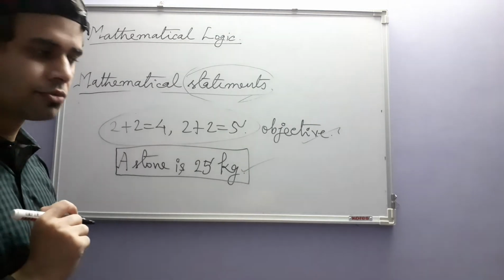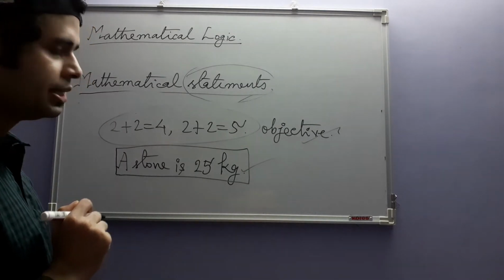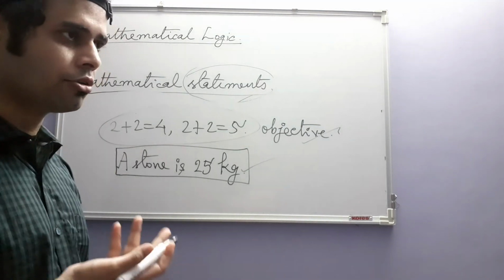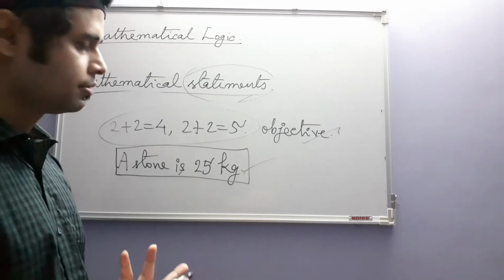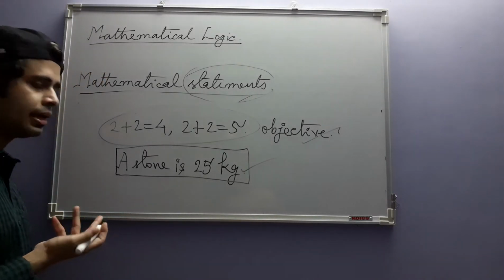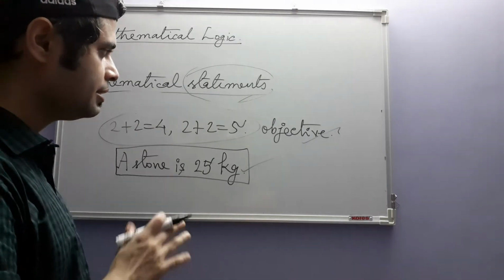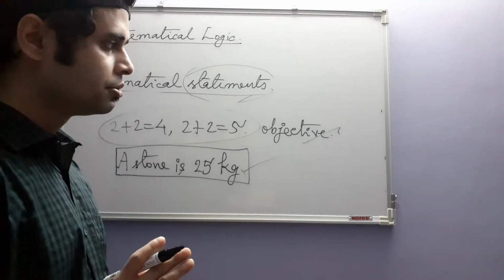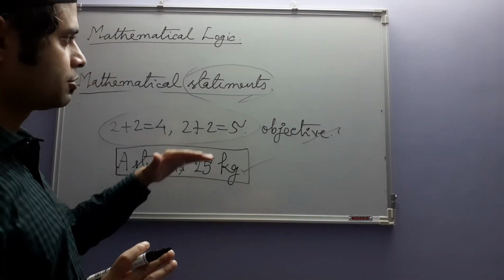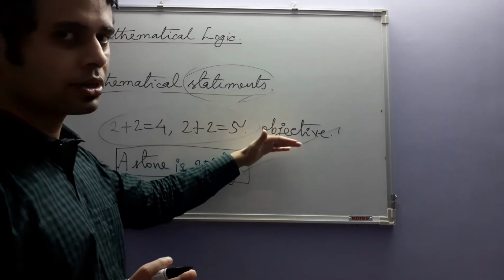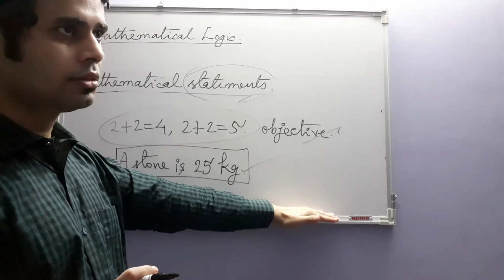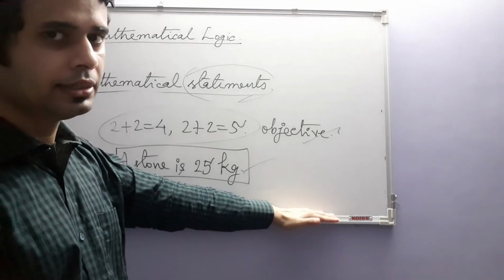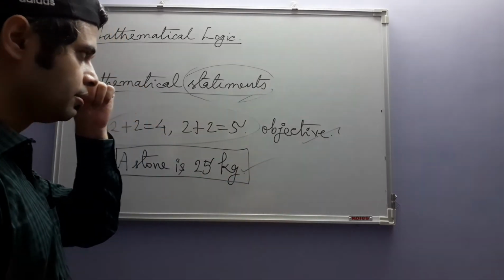But there are some situations where mathematical logic cannot be used. For example, this day is beautiful, or God exists, or hell exists. So these are statements that are highly non-mathematical. If we apply mathematical logic or its laws in such statements, then we may not get any conclusion.